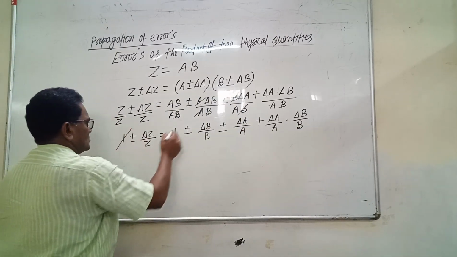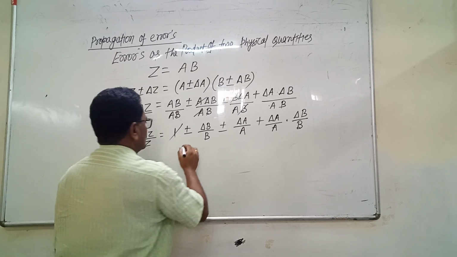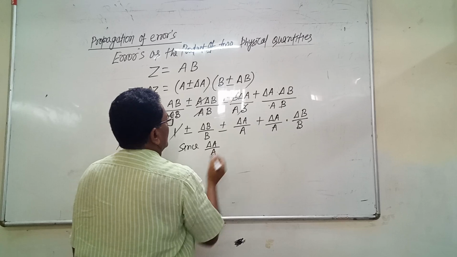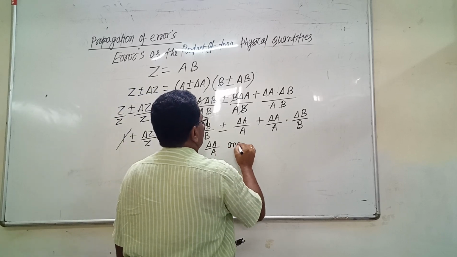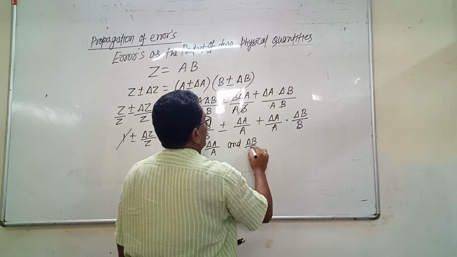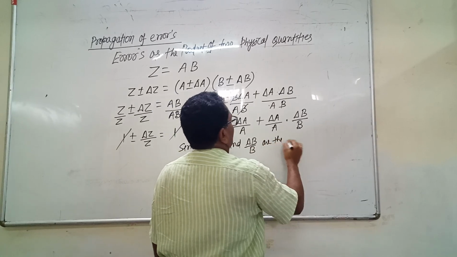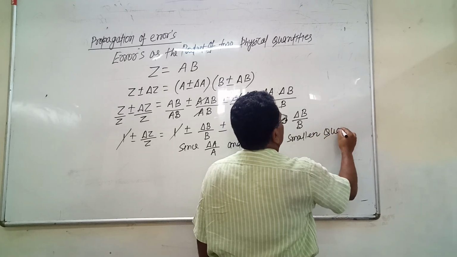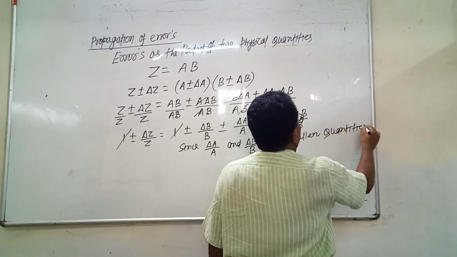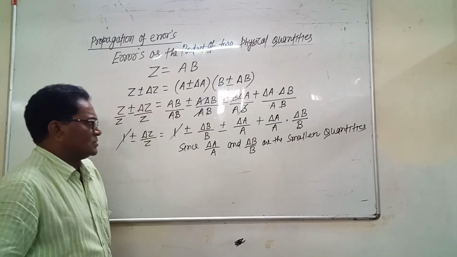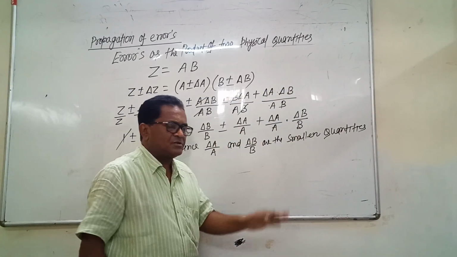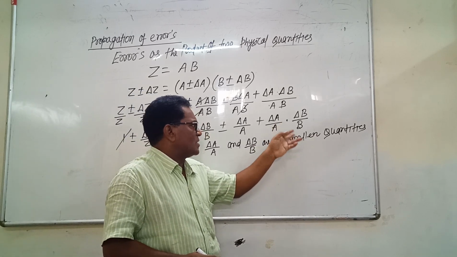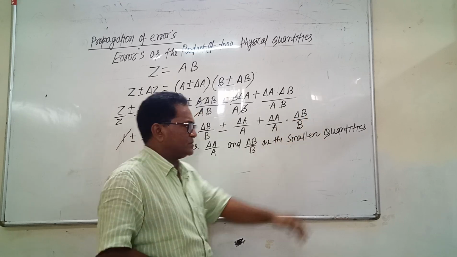So from both the sides 1 and 1 gets cancelled. Since delta A by A and delta B by B are the smaller quantities, their product must be the smallest, and the smallest quantities may get removed.